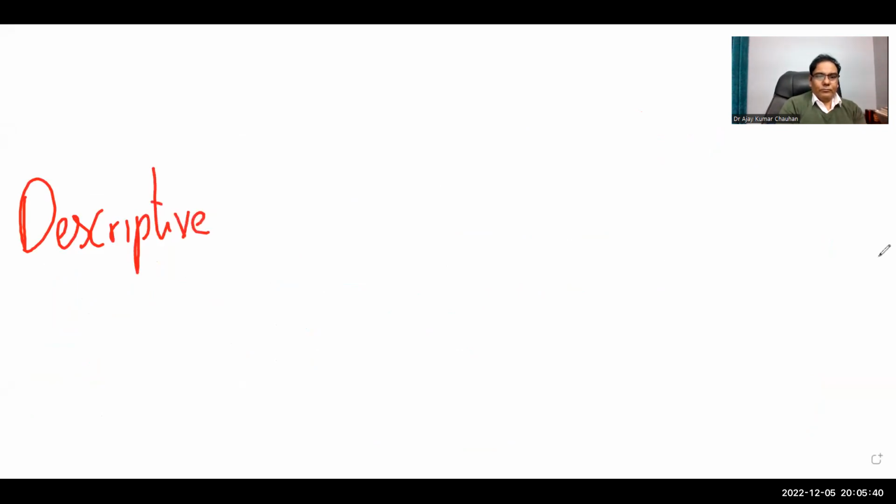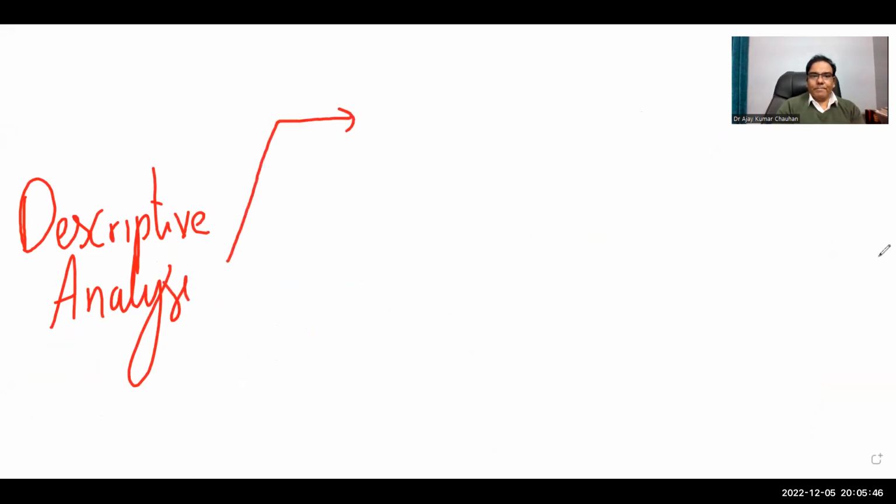Okay. So what is descriptive analysis? So descriptive analysis consists of 3 aspects. Number 1, this is called central tendency.